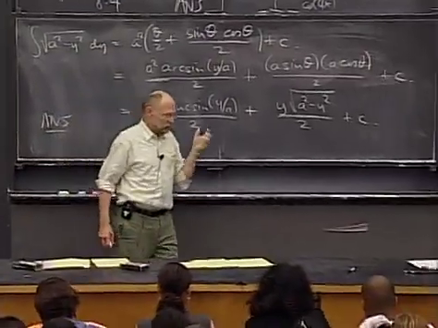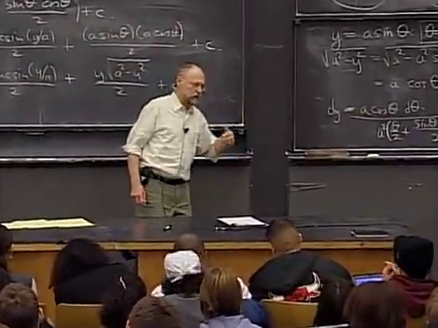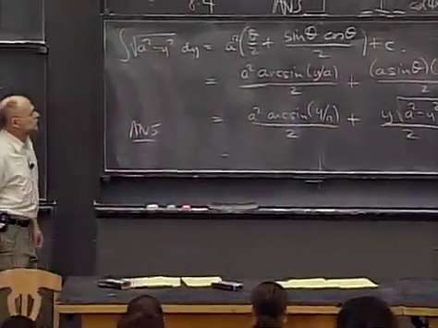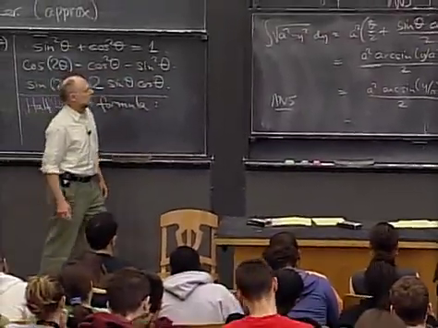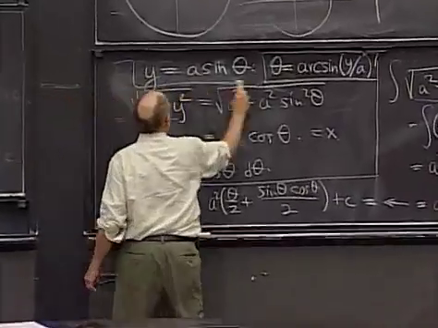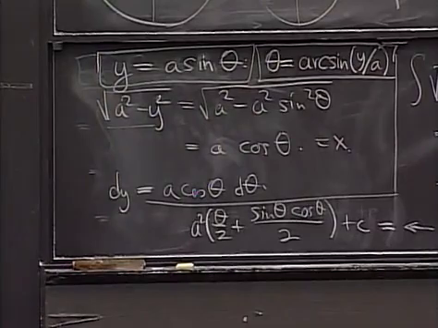Whenever you see that, the thing to think of is trigonometry. That's going to play into the sine squared plus cosine squared identity, and the way to exploit it is to make the substitution y equals a sine of theta. You could also make a substitution y equals a cosine of theta if you wanted to, and the result would come out to be exactly the same in the end.